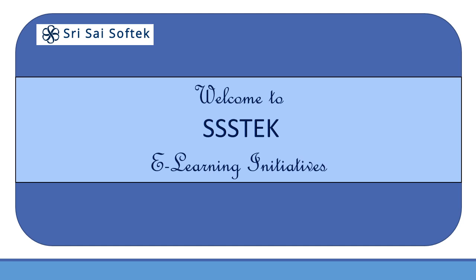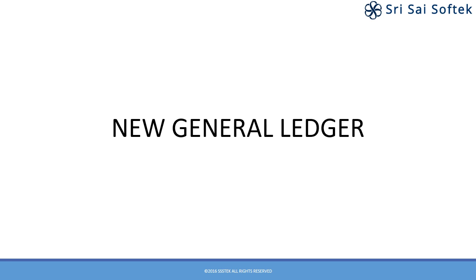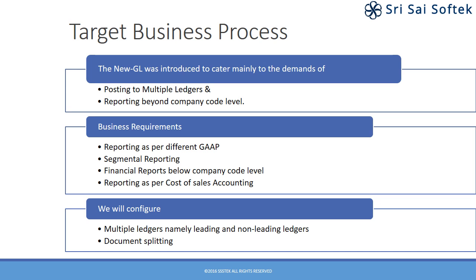In this clip, you will have a good idea of what will be covered in the topic chosen by you. You have chosen the topic of new general ledger configuration in SAP. The new general ledger was introduced mainly to cater to the demands of posting to multiple ledgers and reporting beyond the company code level.